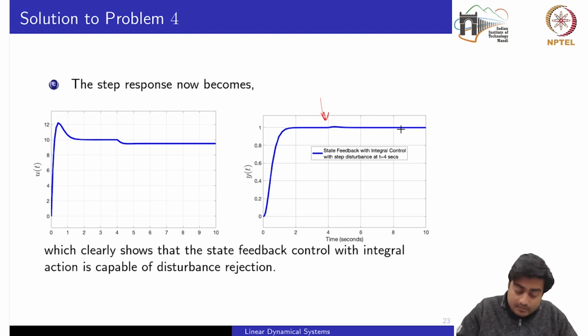Because of this new structure we are able to reject the effect of the disturbances on the output signal y, and this happens, as we already know implicitly, because of this integral action, which diminishes the error between the reference and the output.